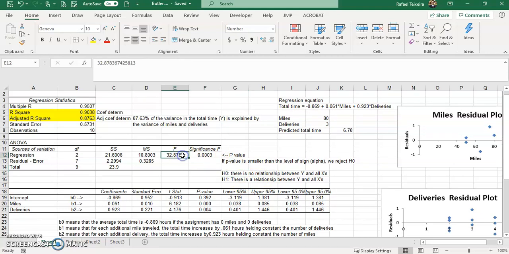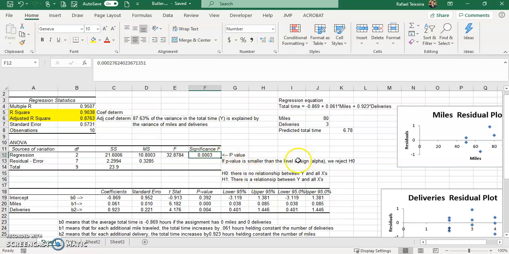We have an F-test, we have a significance value. This is the p-value. If this p-value is smaller than the alpha level, we don't have the alpha level here, we always consider 0.05. So if the p-value is smaller than 0.05, we reject the null hypothesis. This significance, this p-value is way smaller than 0.05.